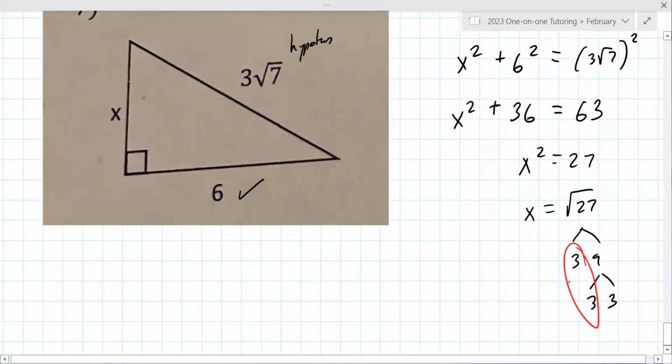Bring the 3 out, so this becomes 3 square root of 3.